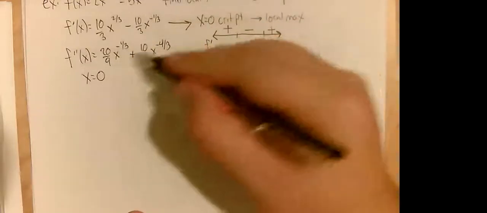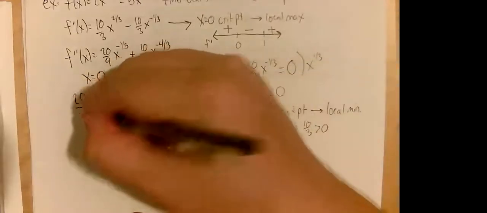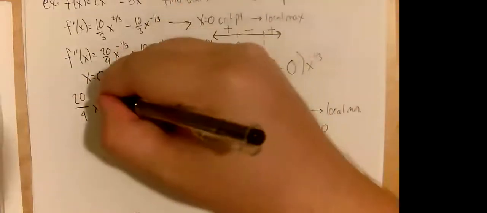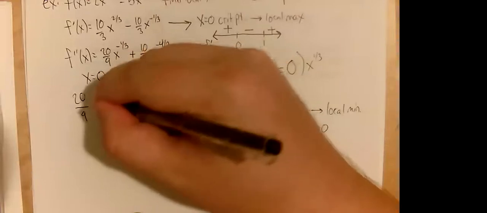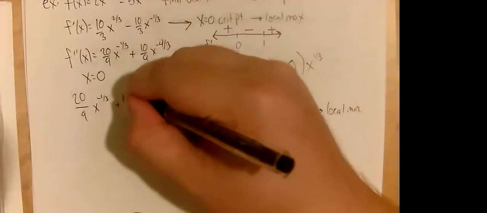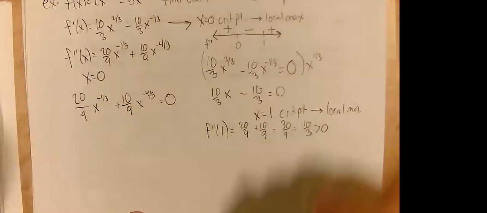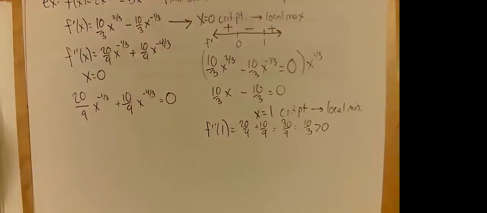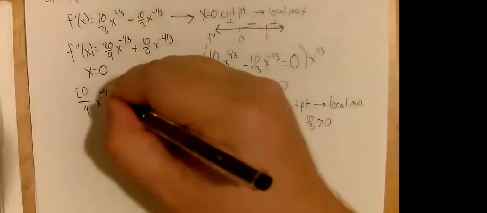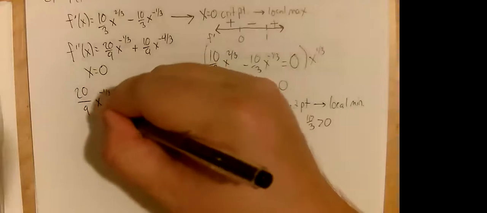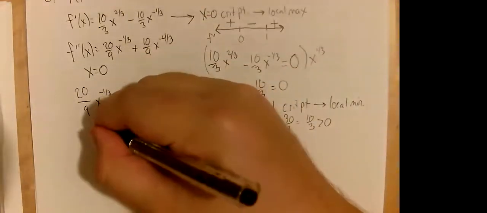So let's set the second derivative equal to 0 to find those types of at least potential inflection points. So we have 20 over 9 x to the -1/3 plus 10/9 x to the -4/3. That will equal 0. All right, now what I'm going to do is I'm going to multiply both sides by x to the 4/3. So x to the 4/3 times this will make x to the 3/3, or x.